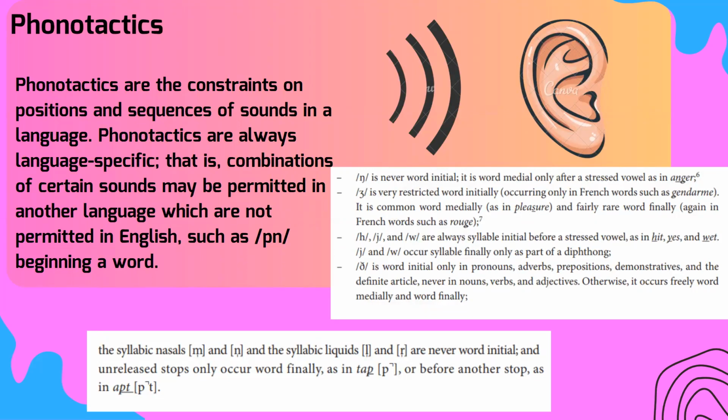And J and W occur syllable finally only as a part of a diphthong. And the syllabic nasals and the syllabic liquids L and R are never word initial, and unreleased stops only occur word finally, as in tap, or before another stop, as in apt.